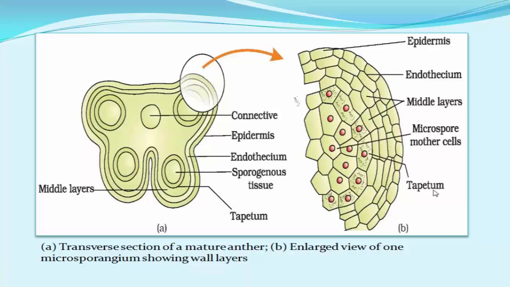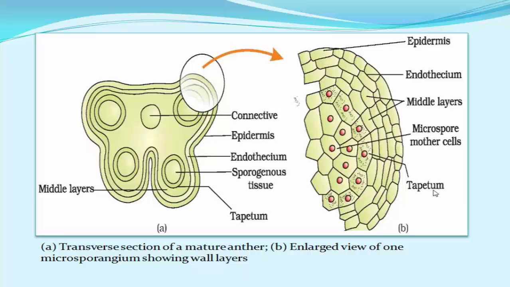Apart from that, tapetum contains the special cells called Ubisch bodies, and these Ubisch bodies secrete resistant organic chemical compound called sporopollenin, and that sporopollenin forms exine of pollen grain.